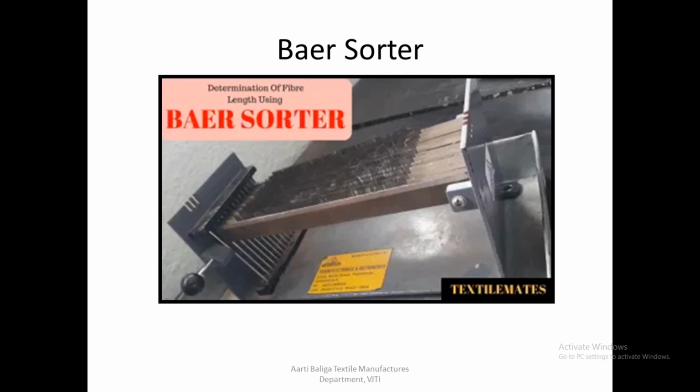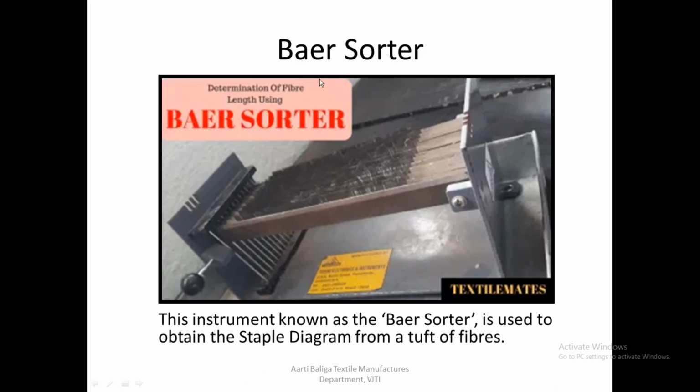This instrument is used to create that kind of a diagram for you, by the analysis of which we would be able to process the fiber in a better way to get a better yarn out of the fiber that we have been provided with. So the instrument here is known as a Bayer sorter and is used to obtain the staple diagram from a tuft of fibers.